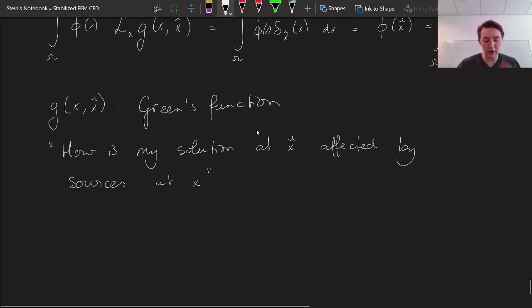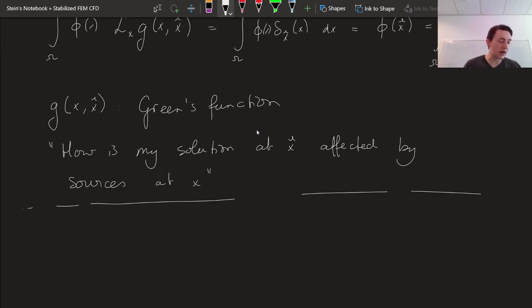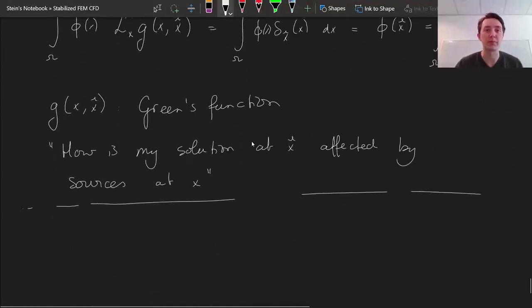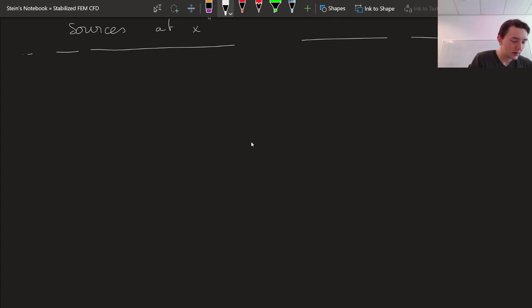Good, okay, so that was our little side tour here. How are we going to use that? Well, we're going to introduce a concept called the fine scale Green's function. And that's what we're going to try and use to solve the fine scale problem. So the fine scale Green's function solves the following problem.